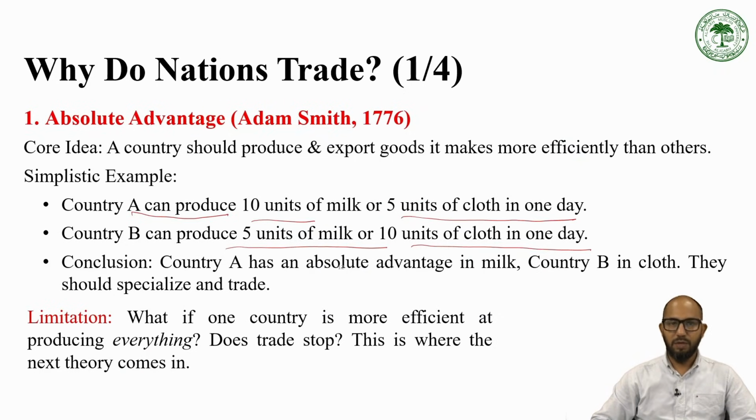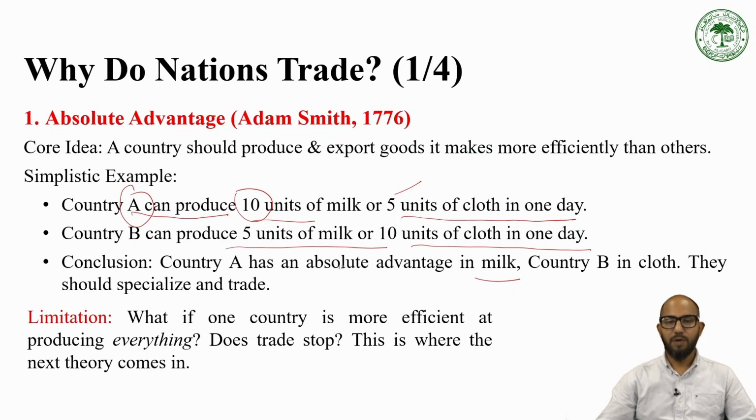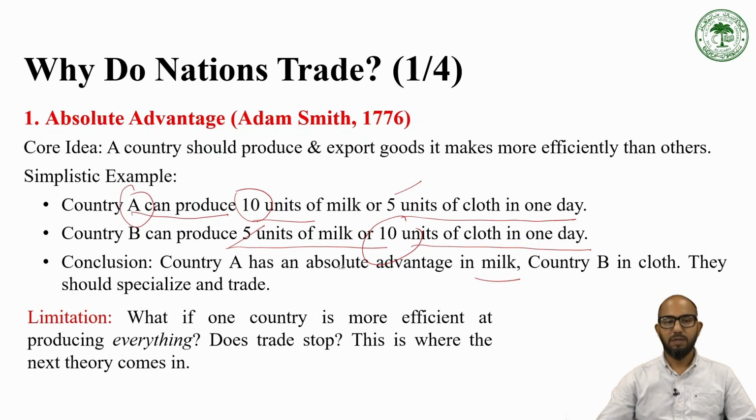According to this theory, a country which has superiority over another in terms of production should focus on that particular product. If we compare both the countries, we can see that country A has an advantage in milk because it can produce more milk than cloth in a day. On the other hand, country B can produce more cloth than milk in a day, which means that country A should focus on producing and exporting milk.